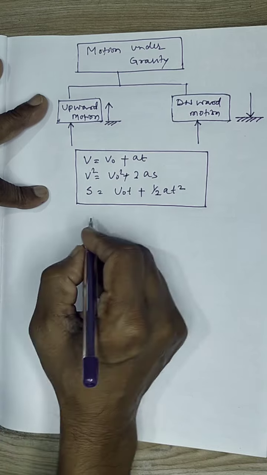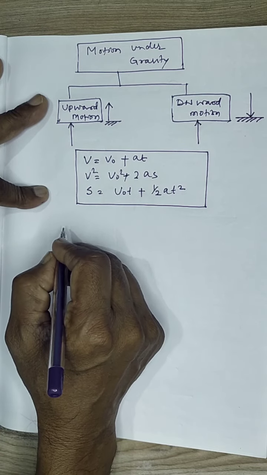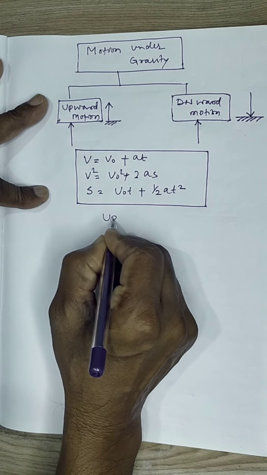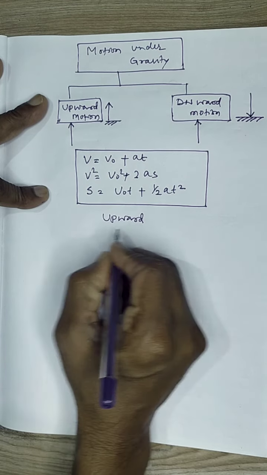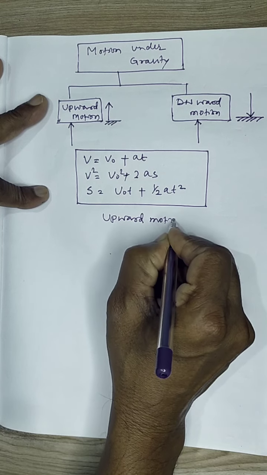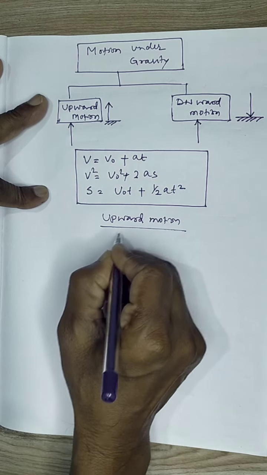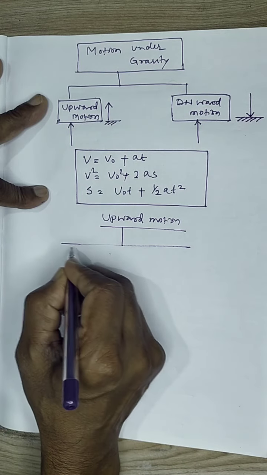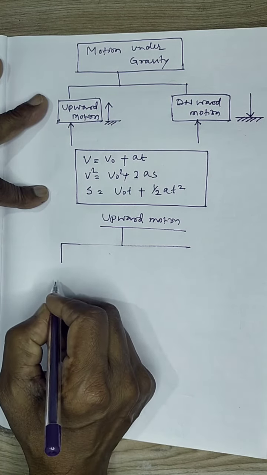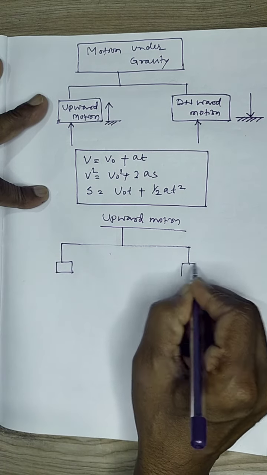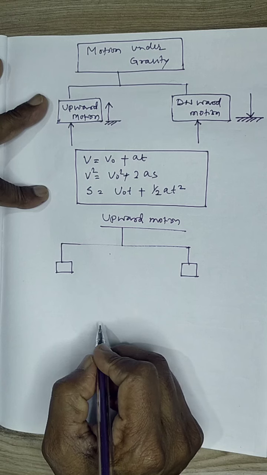Now let us discuss upward motion. In upward motion, the object can be on the ground or at some certain height.